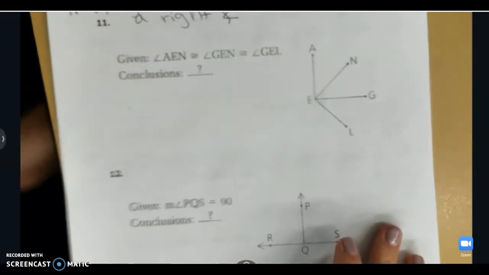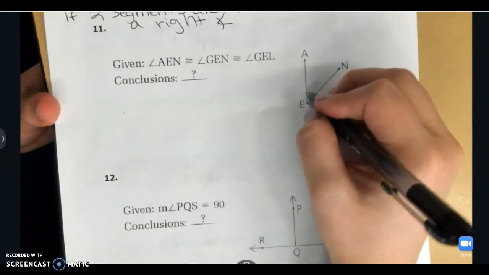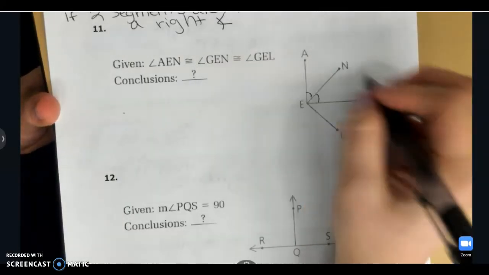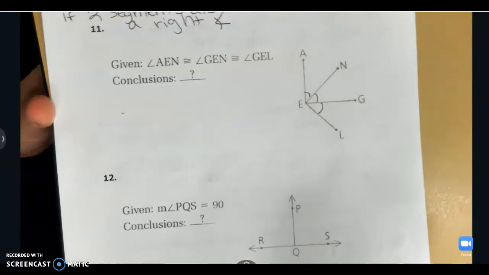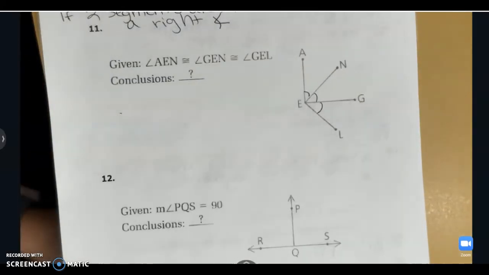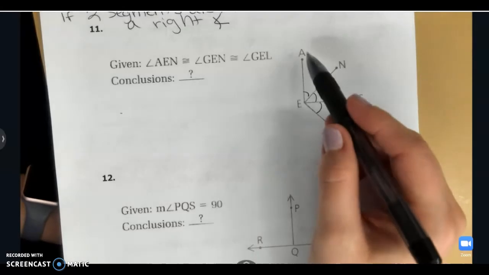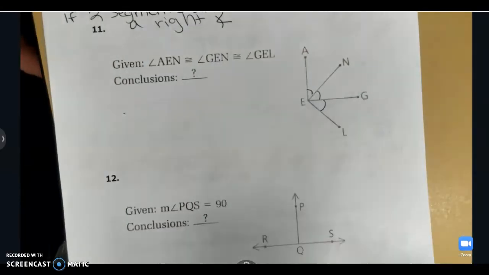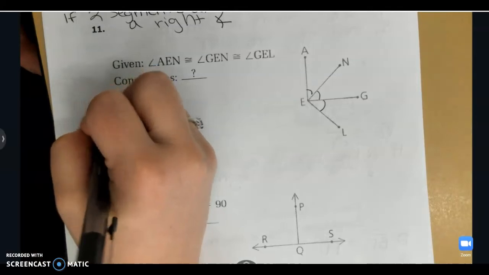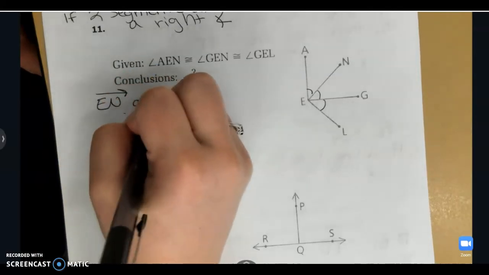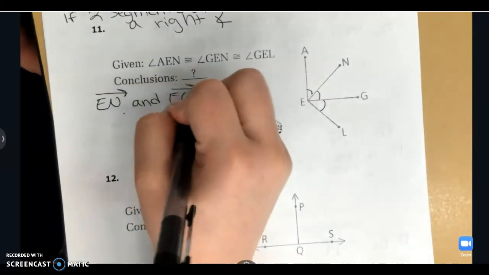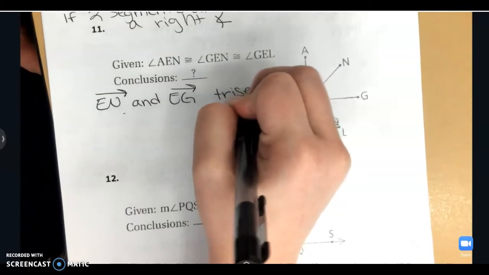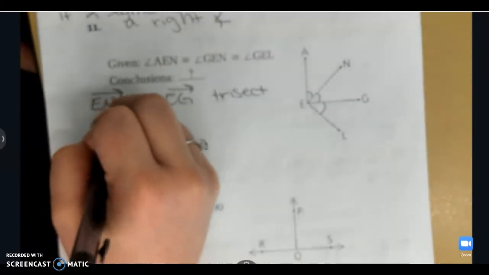Number 11, we're told that angle AEN is congruent to angle GEN and is also congruent to GEL. So these 3 angles are congruent. So our conclusion there could be that this largest angle AEL has been trisected. So our conclusion would be that ray EN and ray EG trisect angle AEL.